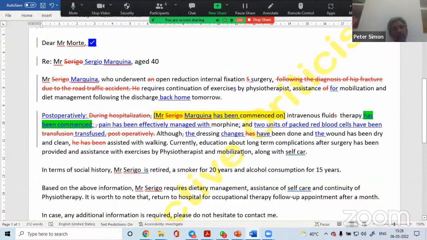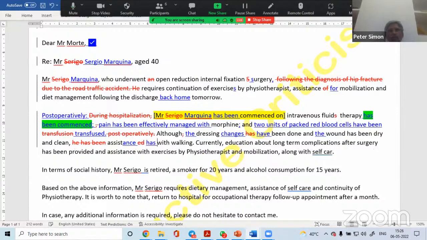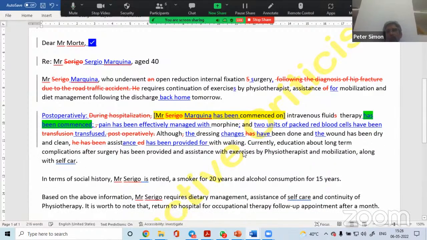Assistance has been provided for walking. Instead of walking, you can say ambulation or mobilization.